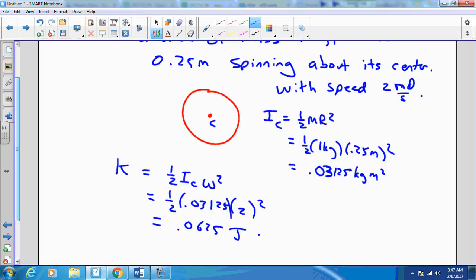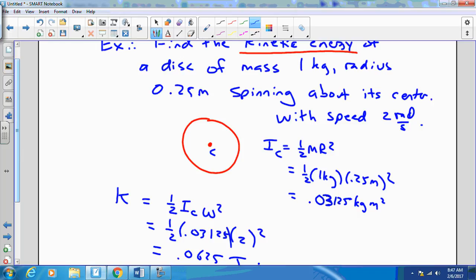Now the thing that I wanted to stress here is that the kinetic energy was entirely captured by rotation because this center, C, is not moving itself. The center is staying put.